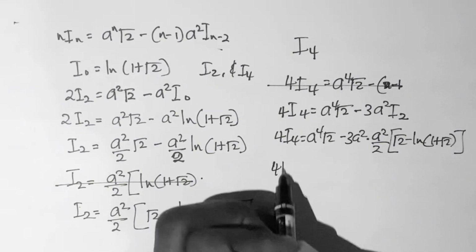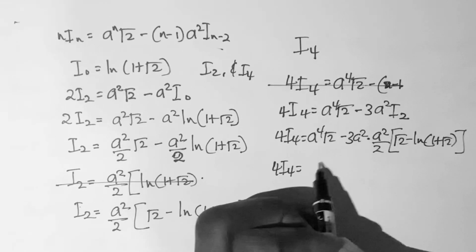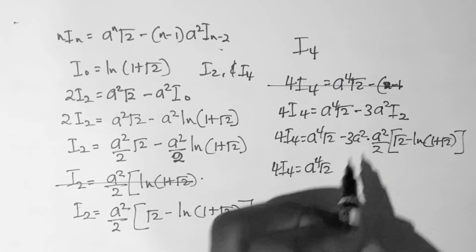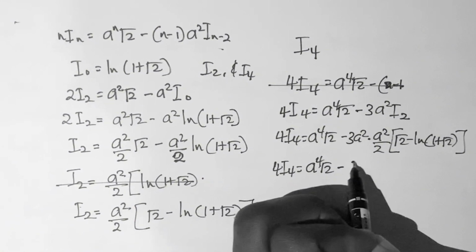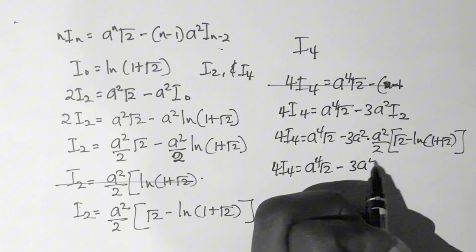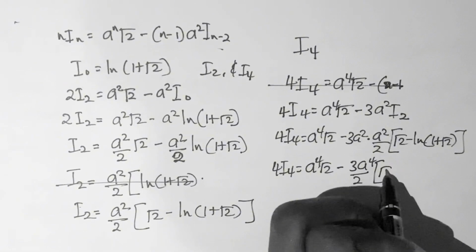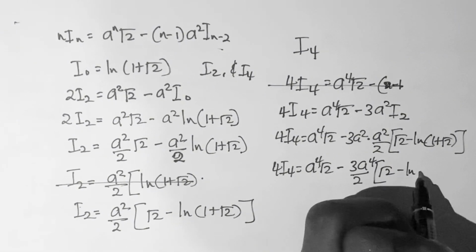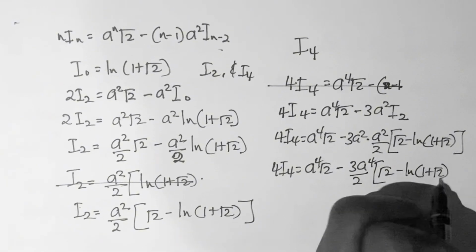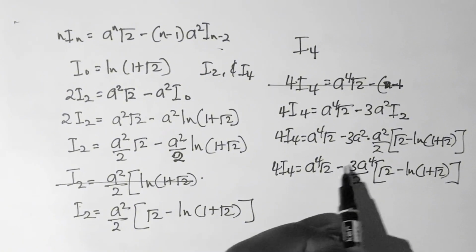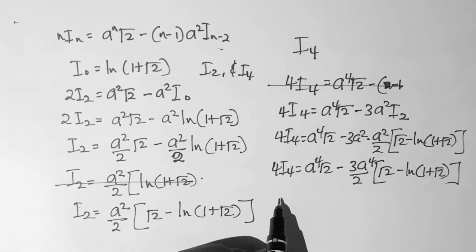So 4I of 4 is equal to a exponent 4 root 2 minus 3a squared times a squared, which becomes minus 3a exponent 4 over 2, then times root 2 minus natural log of 1 plus root 2. So let's divide through by 4. But first, let's factorize a exponent 4 out.